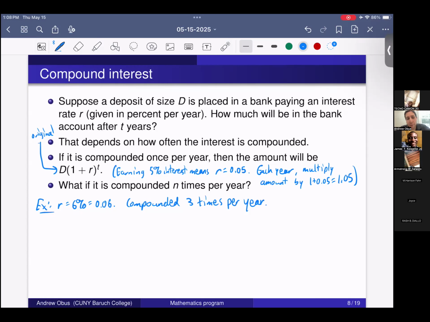What does it mean for it to be compounded 3 times per year? It means you don't earn 6% interest at the end of the year, but instead you earn 2% interest a third of the way through the year, and then another 2% another third of the way through the year, and then the last 2% at the end of the year. So this is 2% 3 times during the year.